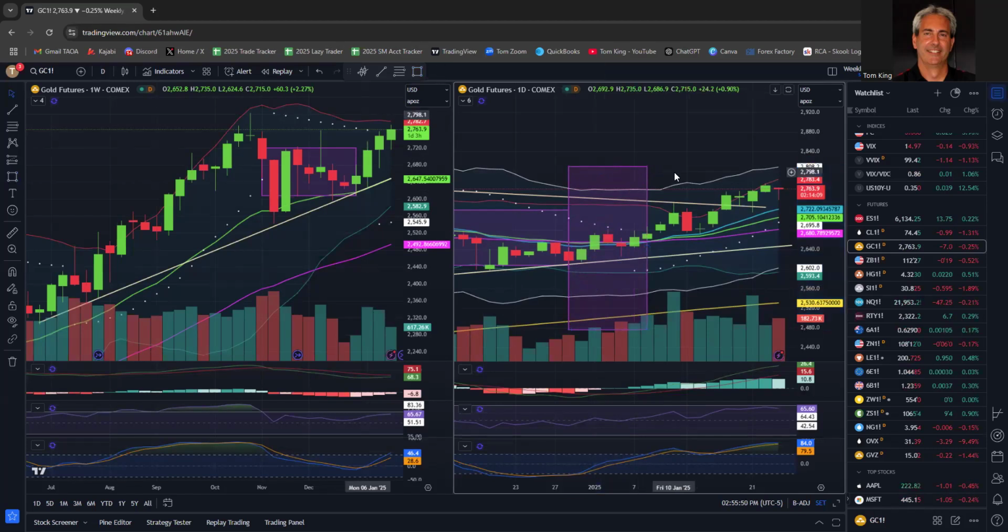Now the Jade Lizard, so this is the trap of the Jade Lizard. And then you also have the tail, which means you have no risk to the upside on the Jade Lizard. So as we look at how the Jade Lizard is constructed, in this trap is where I make my money. So I sold the Jade Lizard for 1,200 bucks.